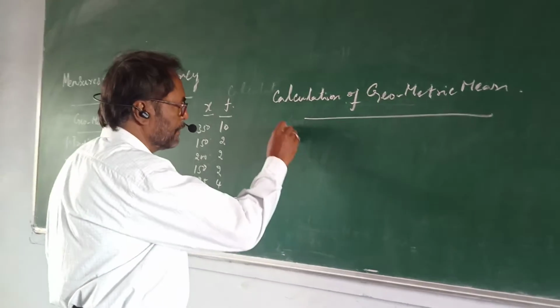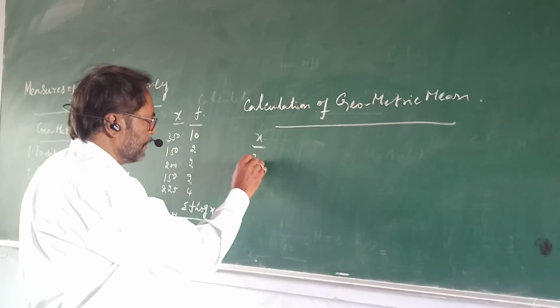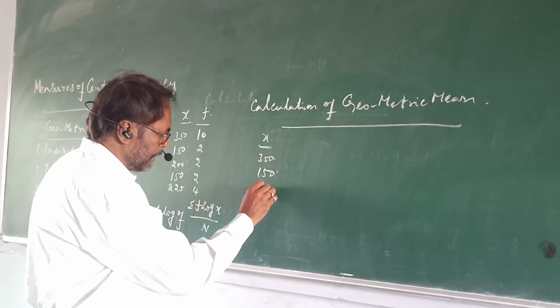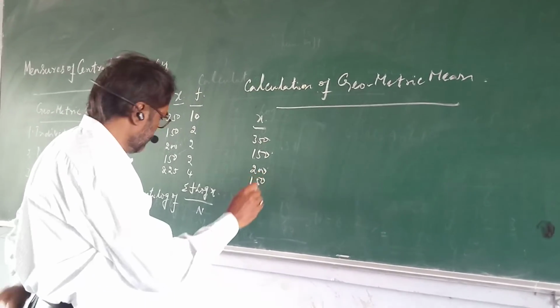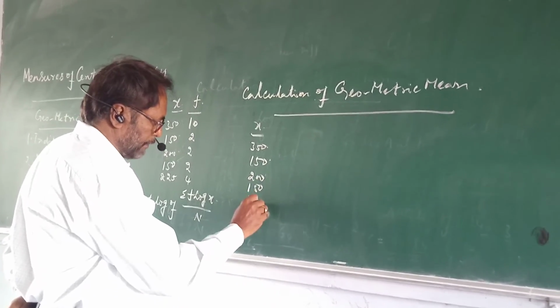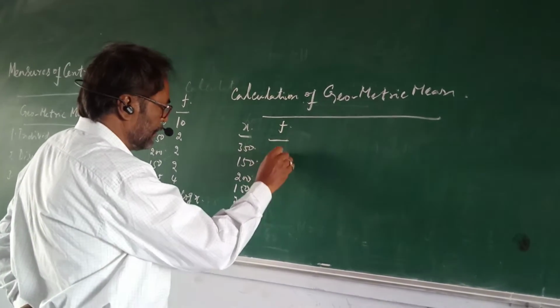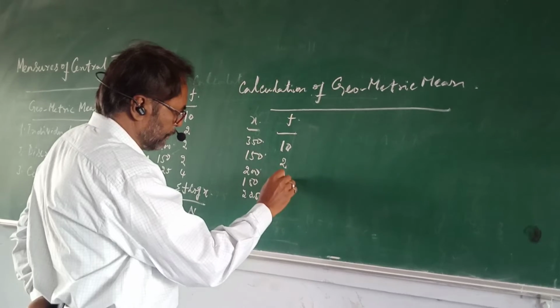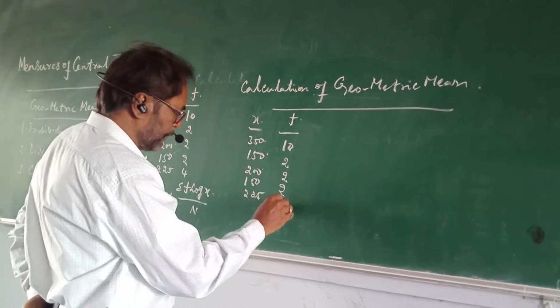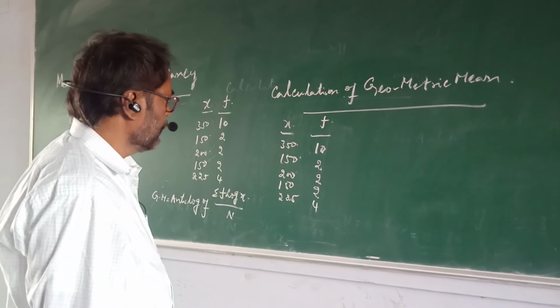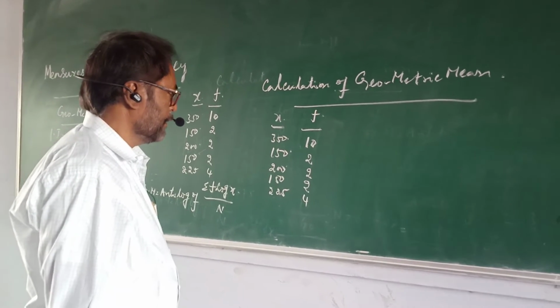Then you have to write down the x values 350, 150, 200, 150 and 225. Then go to the frequencies 10, 2, 2, 2 and 4. Then we have to find out log x.